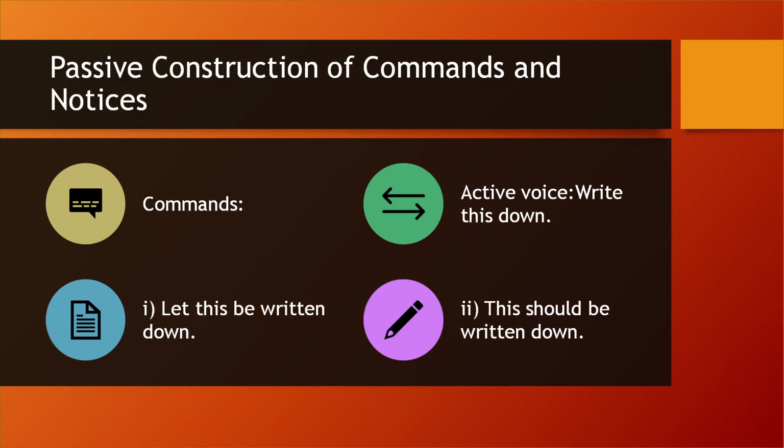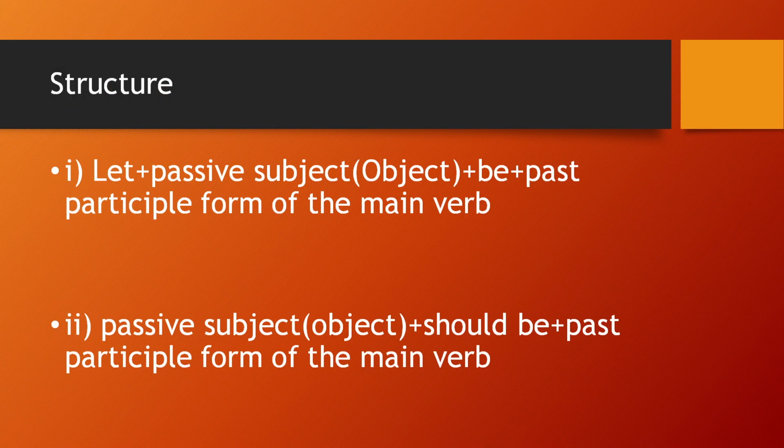Let this be written down. And in the second passive form, it is written with should be, preceded by the object and followed by the past participle form of the main verb. The structure is passive subject, that means the object, plus should be plus past participle of the main verb.